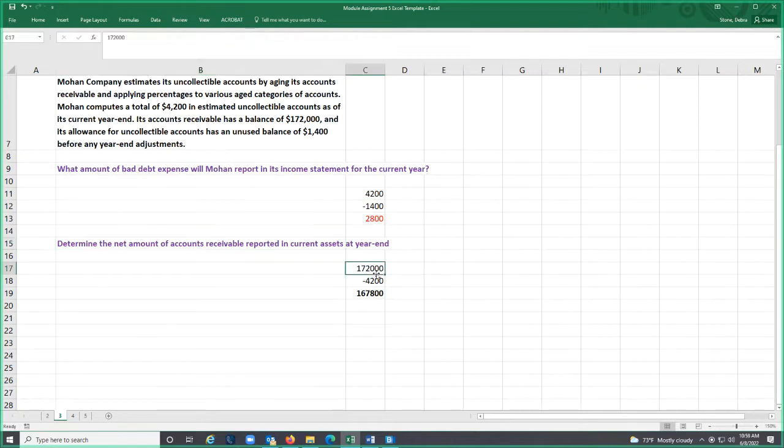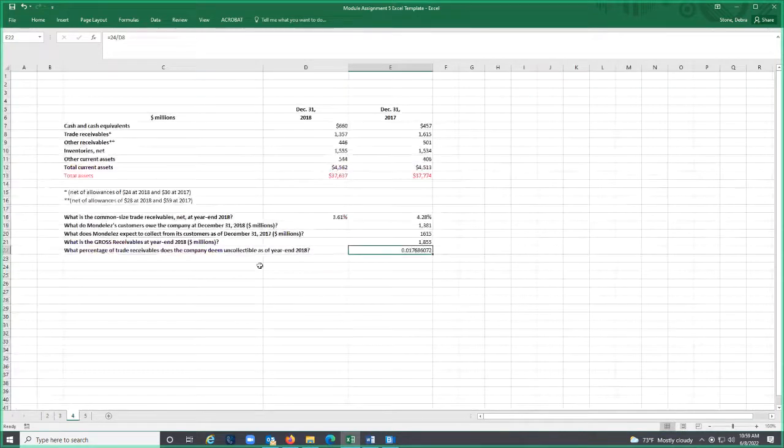That would be the total of $172,000 in accounts receivable minus the $4,200, and I would get, and this is the answer, the net amount of accounts receivable, $167,800.